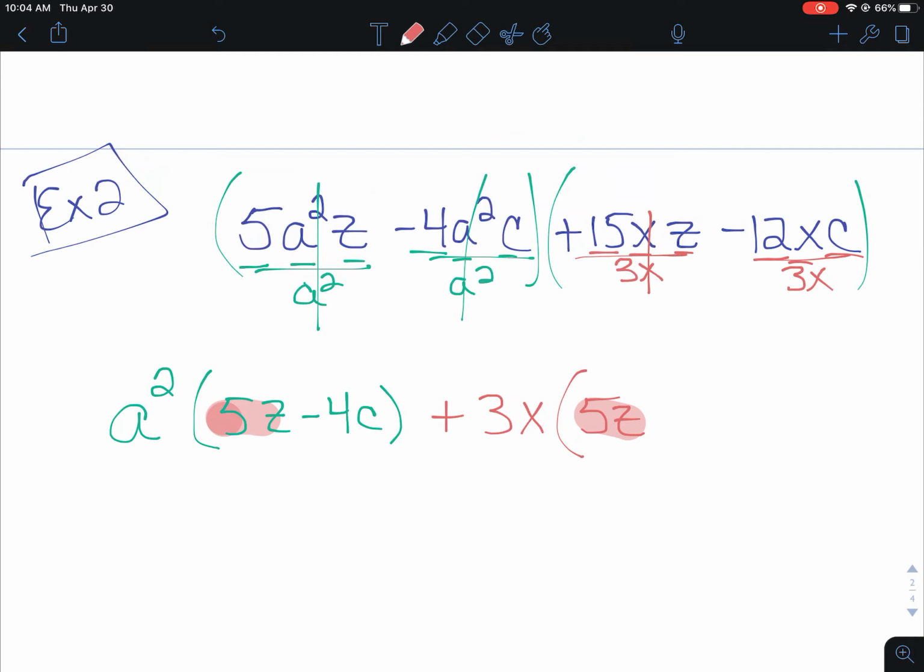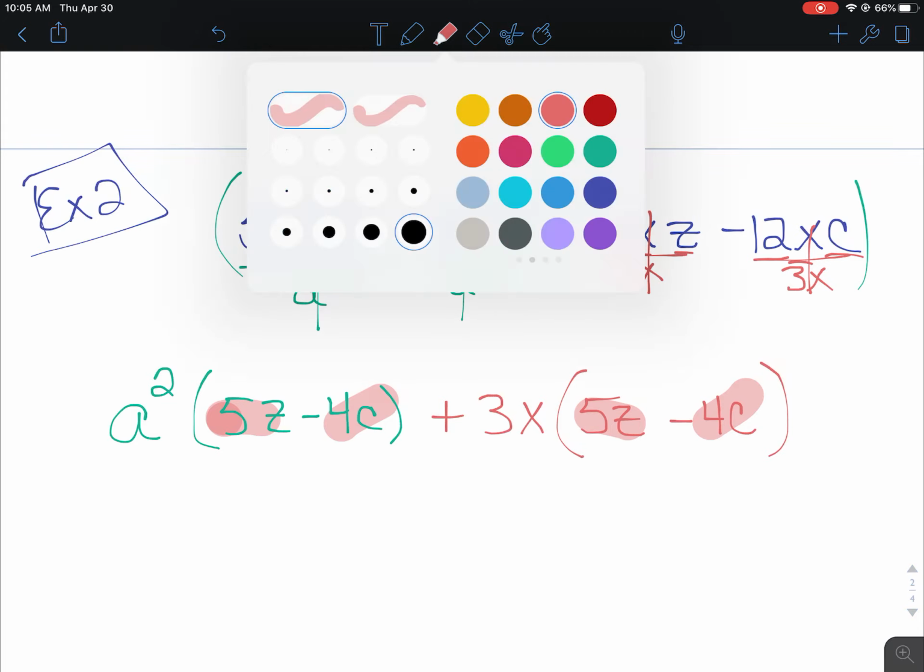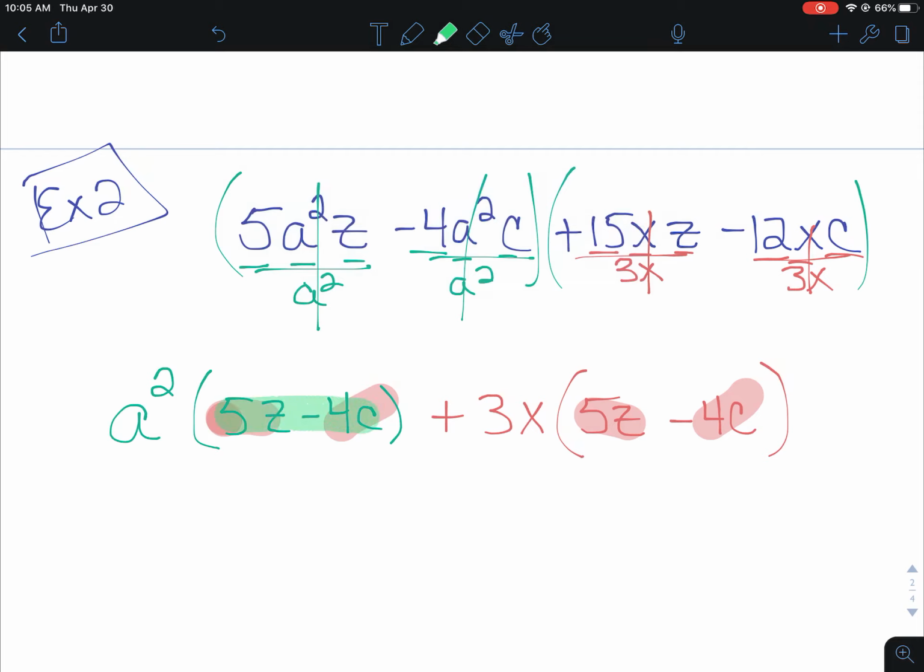And then 12xc, if I divide that by 3x, negative 12 divided by 3 is negative 4. X's cancel, and so I get just a c there. Again, same thing as we had before, so that is perfect. And then we're going to take the greatest common factor one more time. So now the GCF is 5z minus 4c.